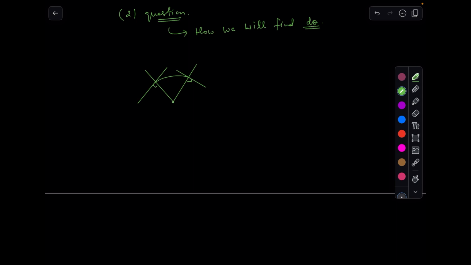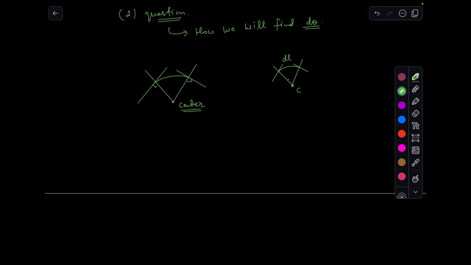So the point of intersection of the normals at the end points will be the center. So for our dl part, the small elemental part, to find its center, we will draw tangents and then normals, and the point of intersection of the normals will be the center of curvature.